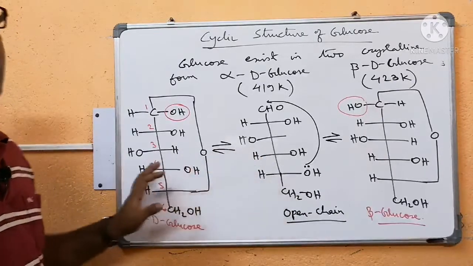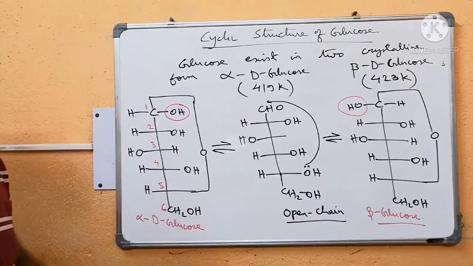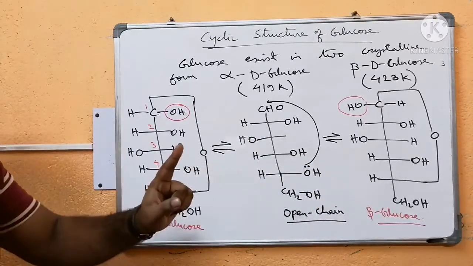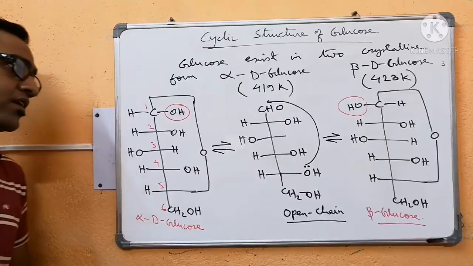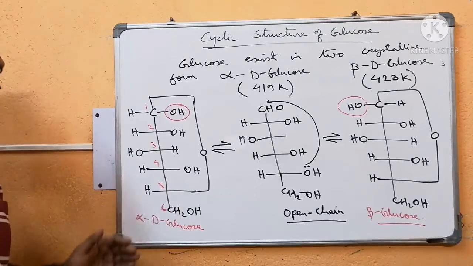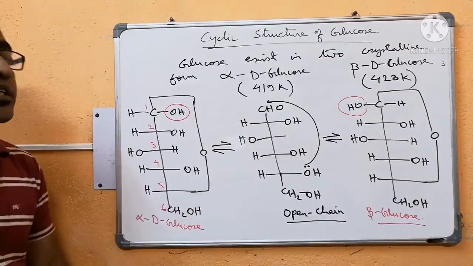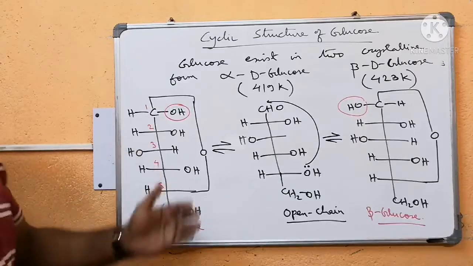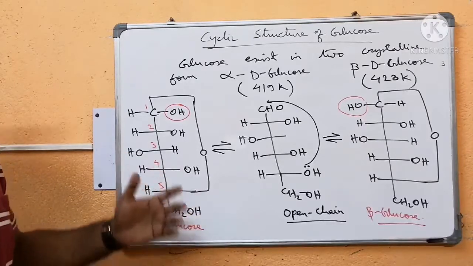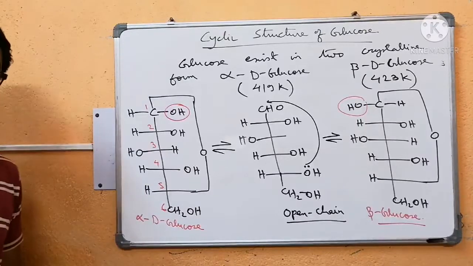So there exists an equilibrium between the alpha form and the beta form in aqueous medium, not in the solid state. Because of this equilibrium, the phenomenon called Muta Rotation takes place. So next we will discuss what is Muta Rotation.